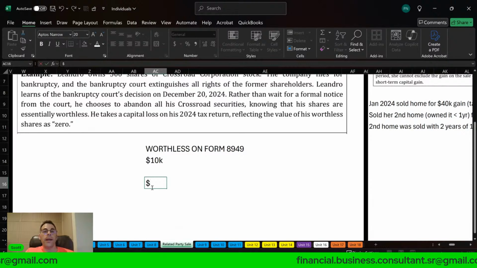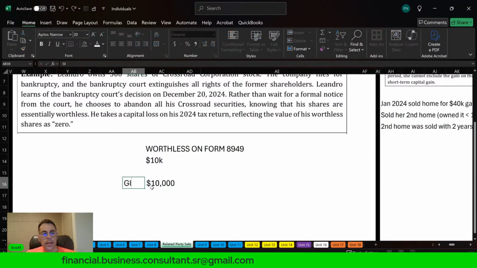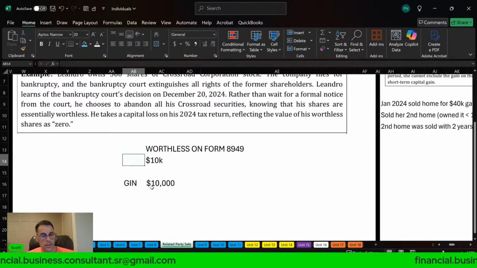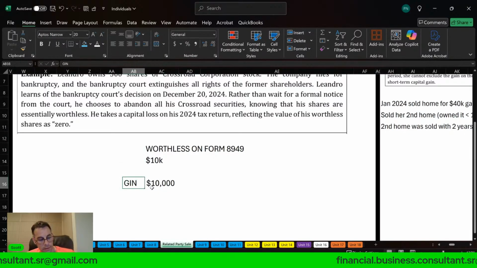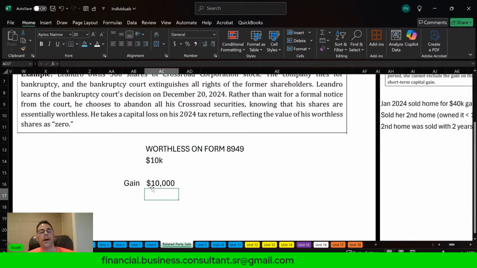If you had a gain on a stock sale, say on Microsoft. You bought 10,000 of Microsoft and it went to 20,000 and you sold it.